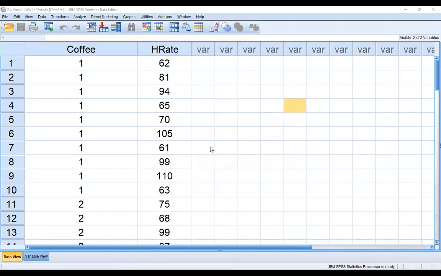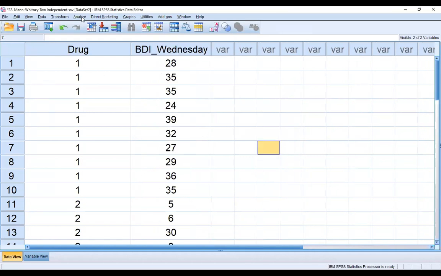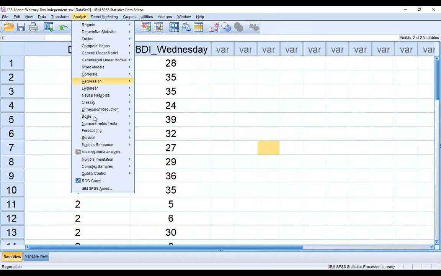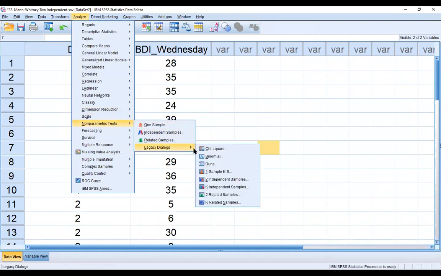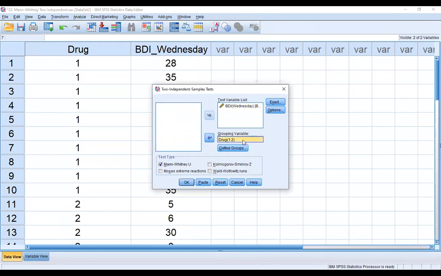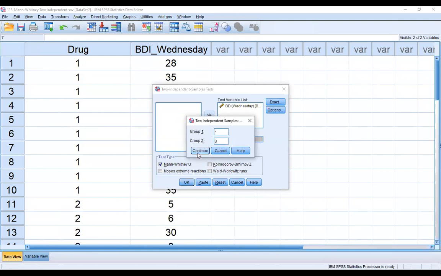Now again I am performing this Mann-Whitney U test for group 1 with group 3: analyze, non-parametric test, and 2 independent samples. Now I am changing here 1 with 3 level.